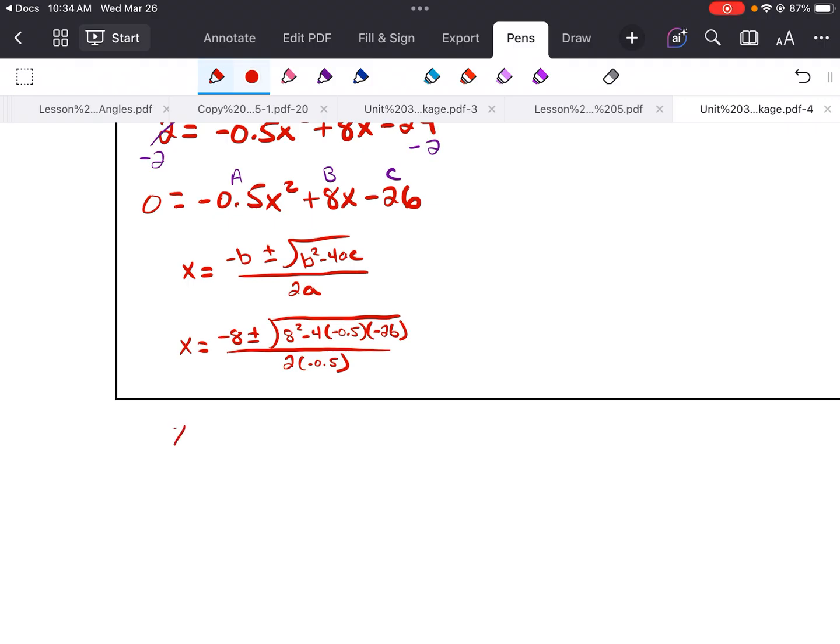Okay, so x equals negative 8 plus or minus. So we have 64, and then negative 4 times negative 0.5 times negative 26 is negative 52. So 64 minus 52, divided by negative 1.